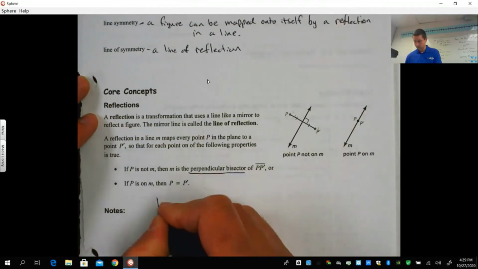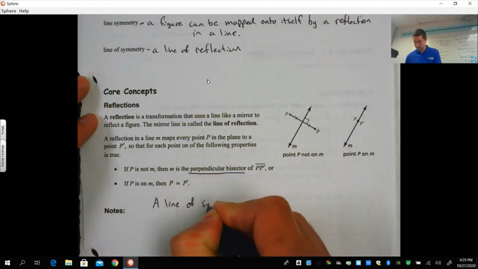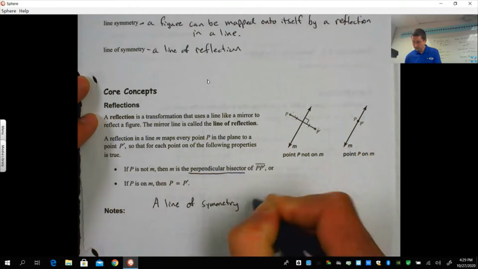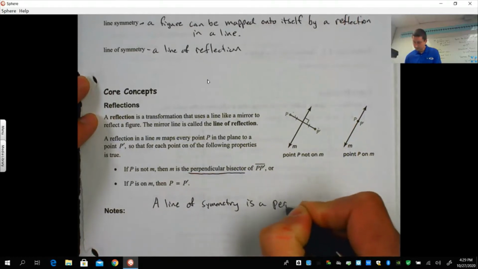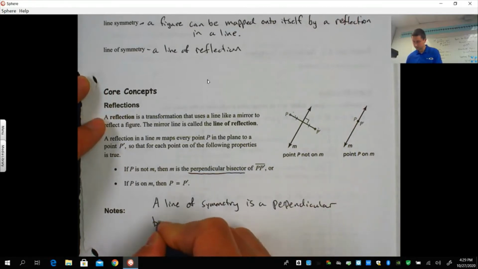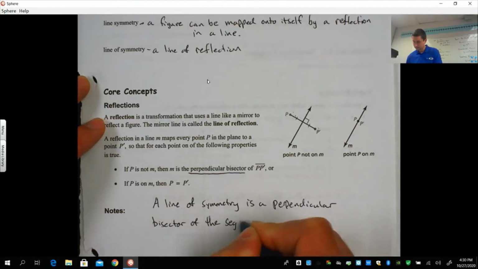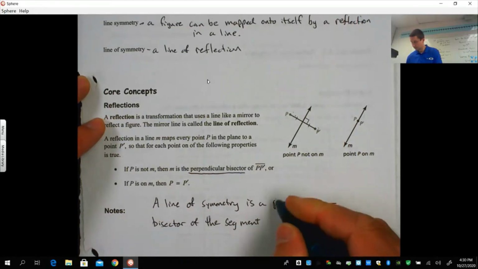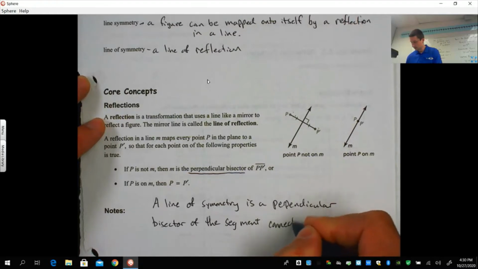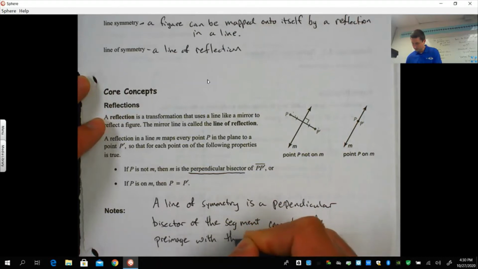Okay, so a line of symmetry is a perpendicular bisector of the segment connecting the pre-image with the image.